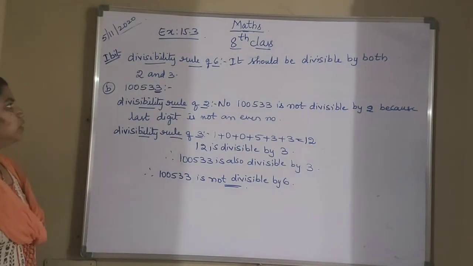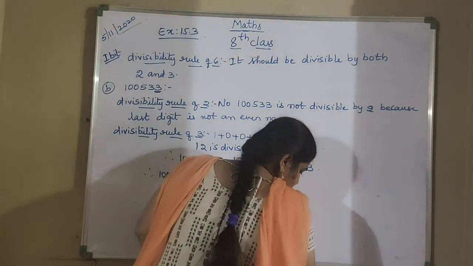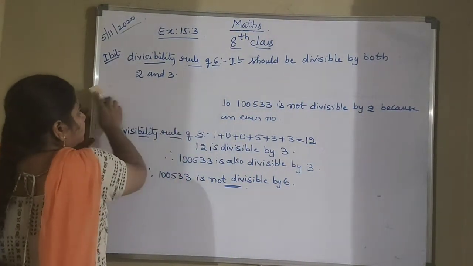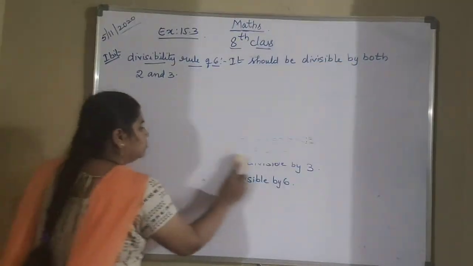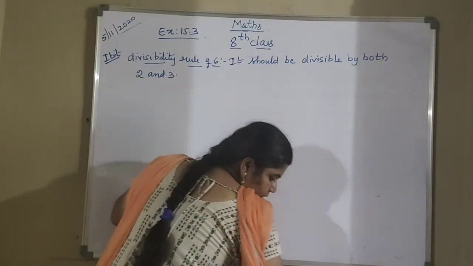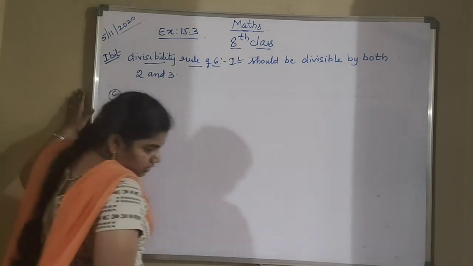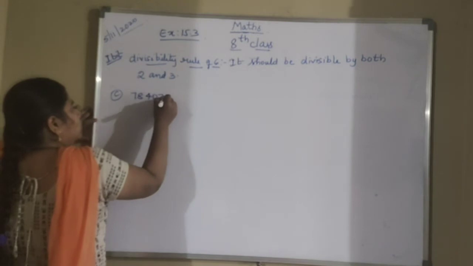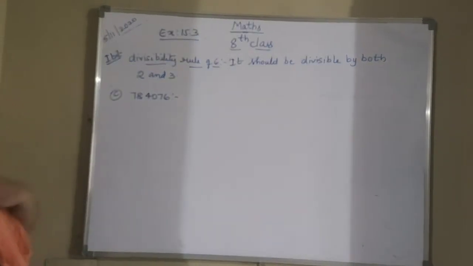Next is the third question. So what is the third question? 784076. We will check whether this number is divisible by 2, 3 and 6.